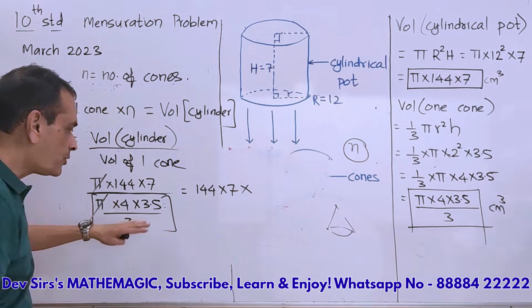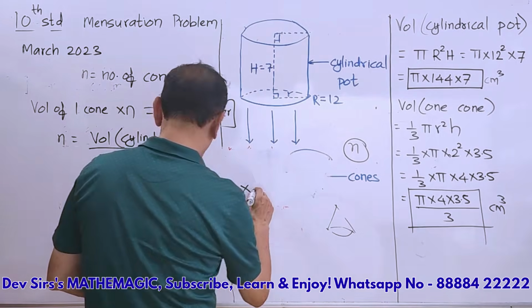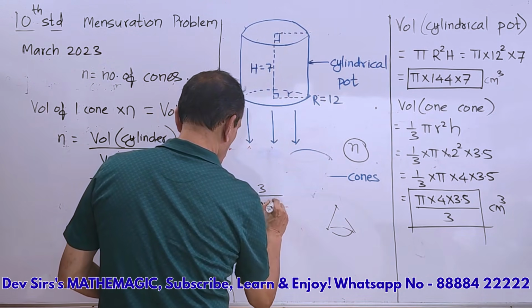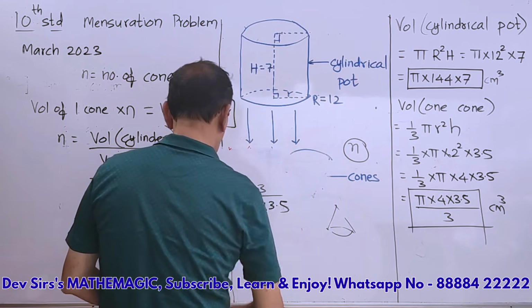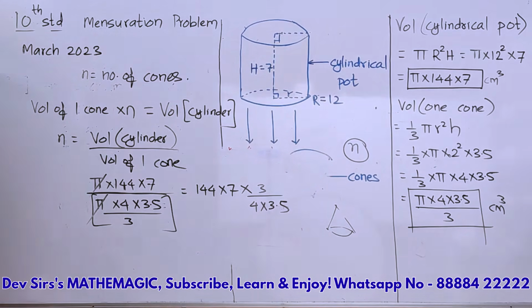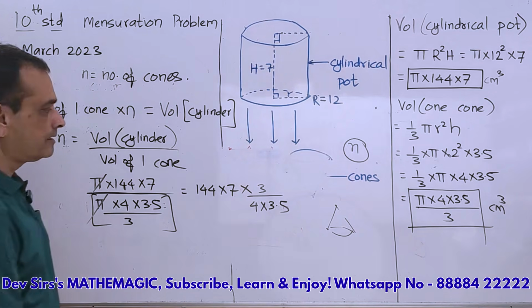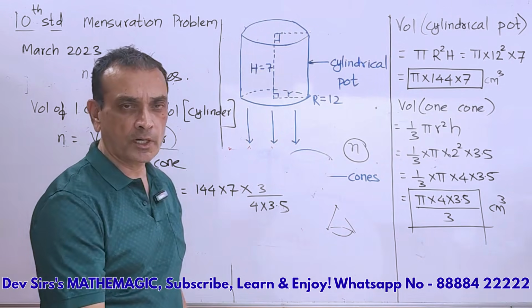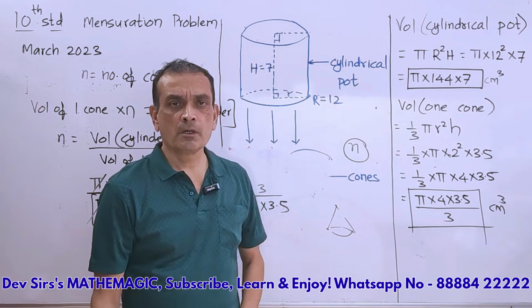So into the reciprocal, that is 3 upon. Simple. Let's go step by step. First thing you must know is that 3.5 into 2 is 7.